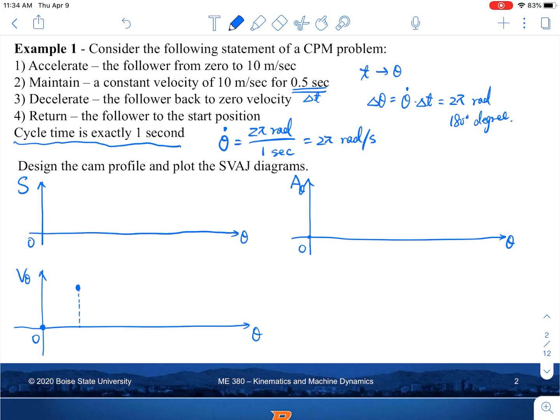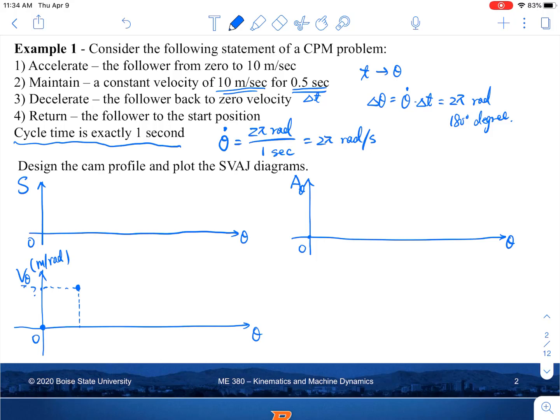So we know that the 10 meters per second, this velocity is in time domain, but then v theta is actually in theta domain. So this amplitude is a question mark. You cannot directly put 10 meters per second there because your v theta actually has a unit of meter per radian. But then here you have meter per second, so they are in different units.